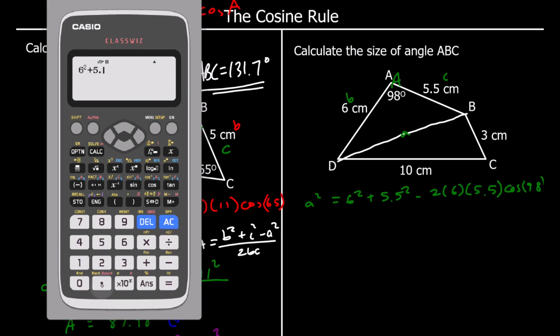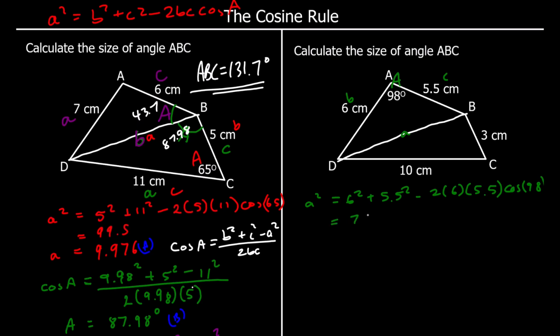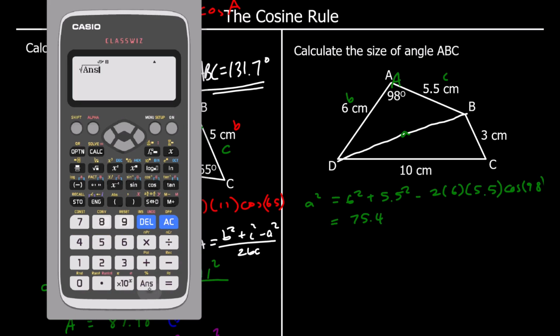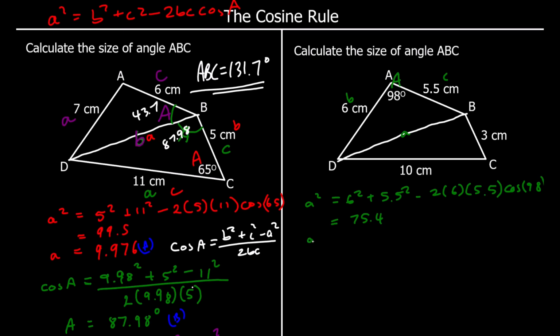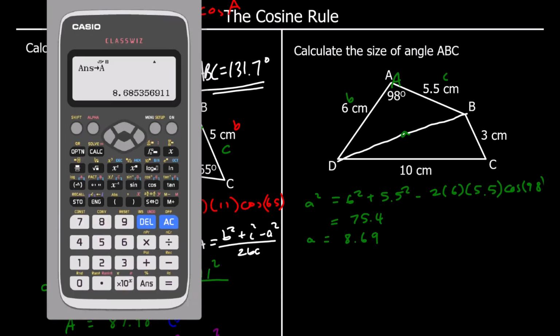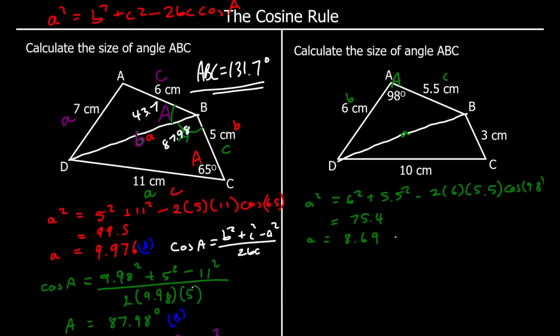That gives 75.4, and square root the answer, 8.69. And again, store it in the calculator. We're going to be using it again. So it's stored as A.